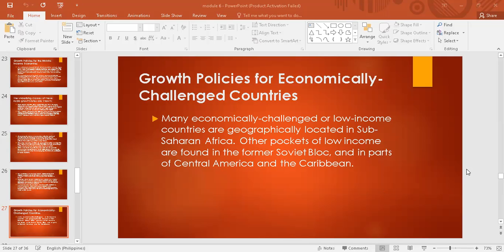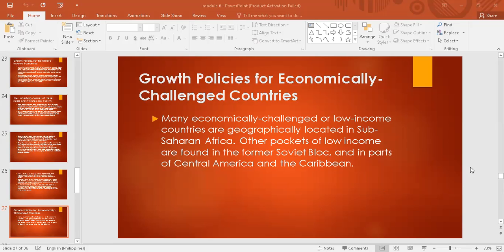These regions are usually landlocked, and their geographic characteristics might be the reason why the standard of living does not increase much.